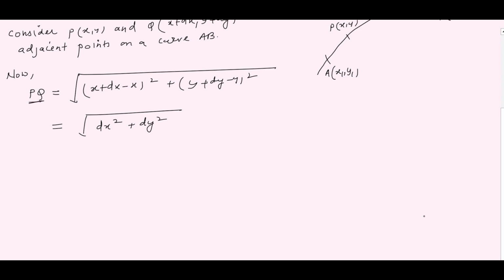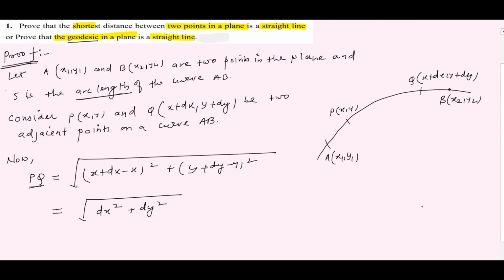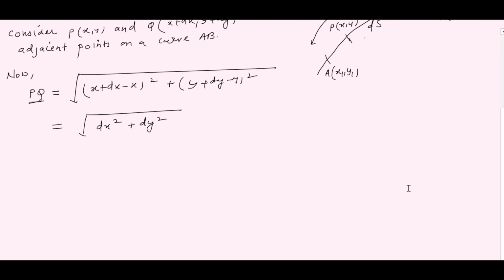This PQ will be the original arc length, a small ds, and the whole arc from A to B is S. So ds will be equal to the square root of dx square plus dy square.